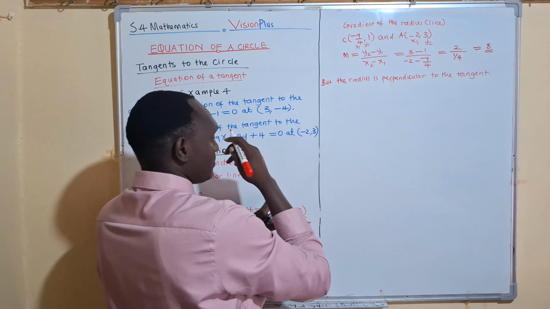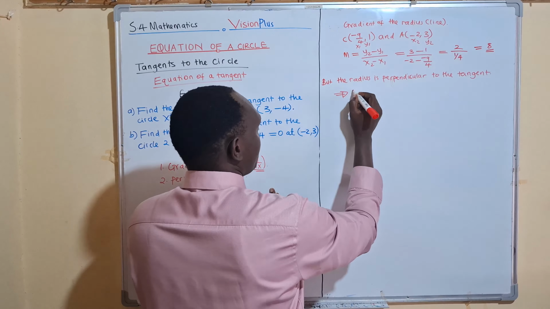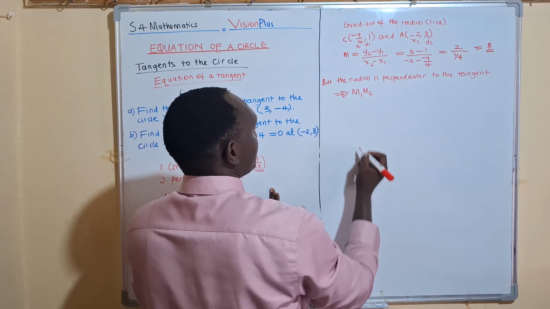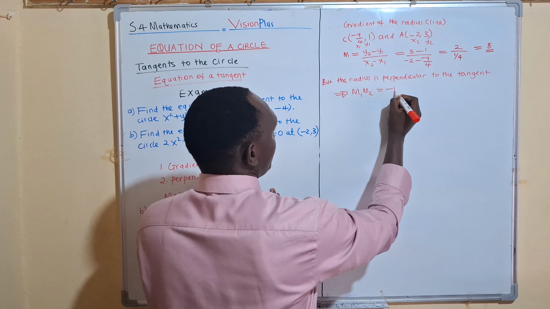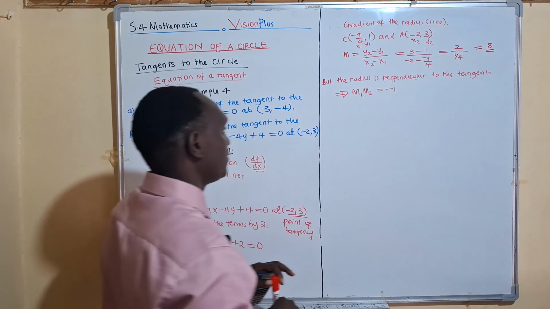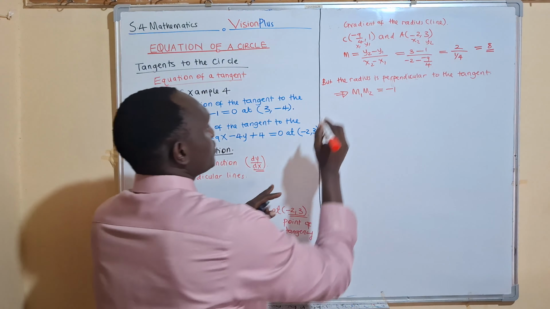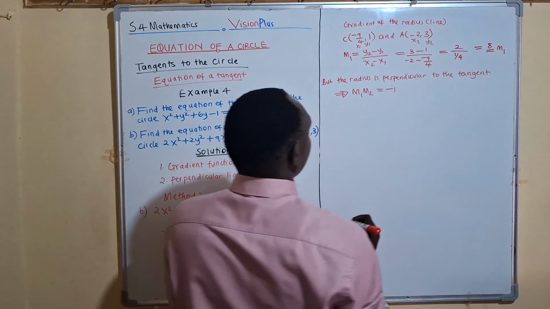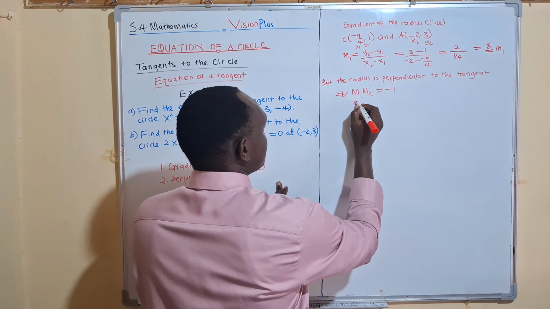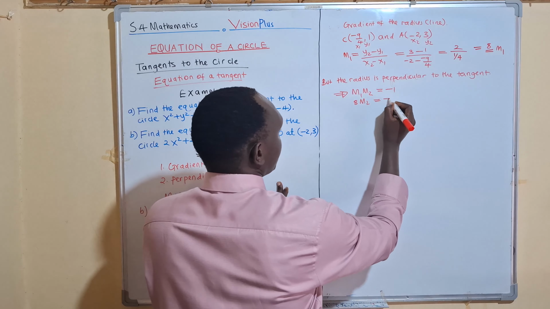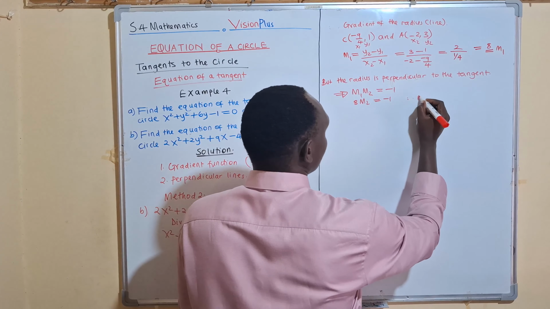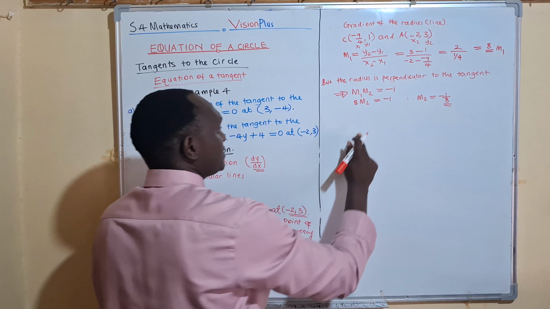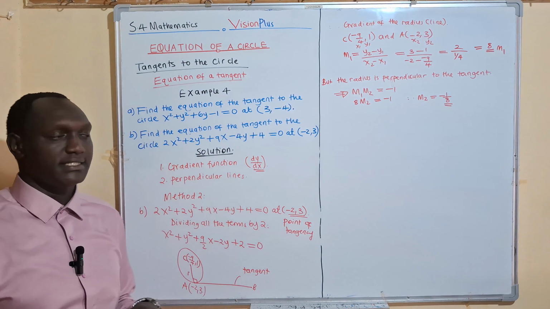If two lines are perpendicular, the product of their gradients, that is, the gradient of the first line times the gradient of the second line, equals -1. So let me say the gradient of the radius is m1. Substituting for m1, you will have 8 times m2 equals -1. Therefore, m2 is -1 out of 8. m2 now is the gradient of the tangent.